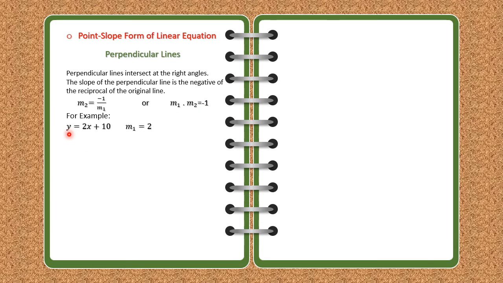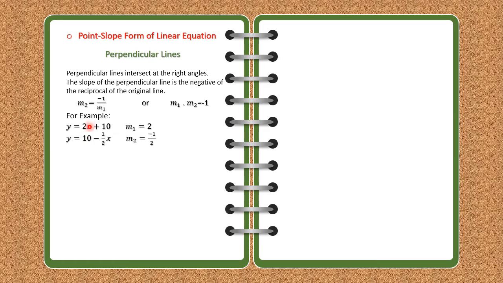For example, if we have y equals 2x plus 10, the slope here is 2, and we have another line, y equals 10 minus 1/2 x. The slope here is -1/2. If you multiply 2 times -1/2, it gives you -1.